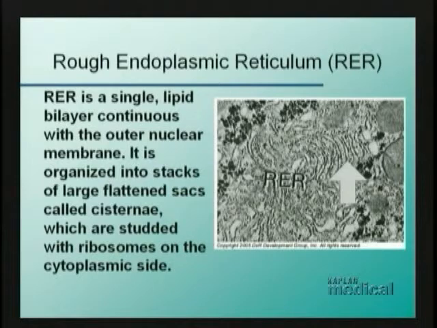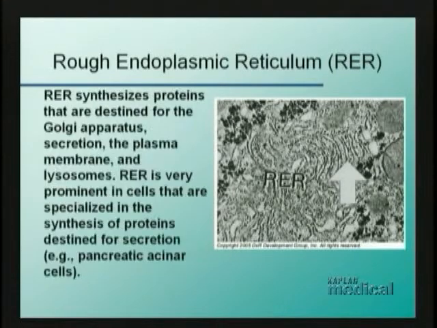In the figure to the right, at the tip of the arrow, you can see the electron-dense dots that give us the characteristic appearance of the rough endoplasmic reticulum. As we've alluded to earlier, this is the site of synthesis of the membrane proteins, the secretory proteins, and the lysosomal hydrolase enzyme proteins.